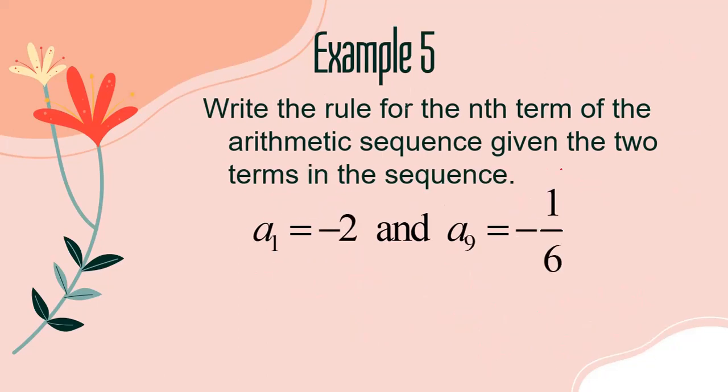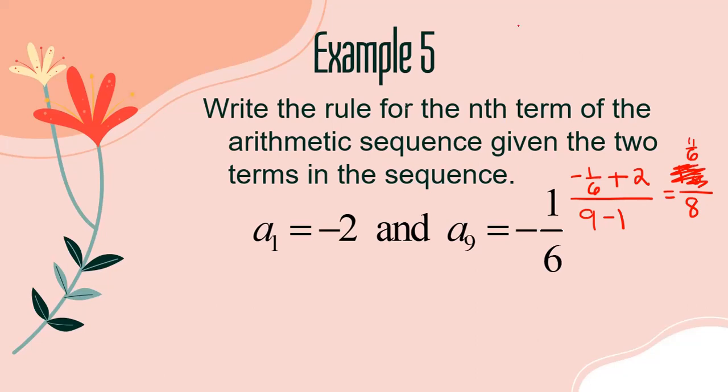Let's try this one. So example 5. Again, I'm going to find my slope. So negative 1/6 plus 2, right? Because minus a negative. And then 9 minus 1. This would be 1 5/6 over 8, which is 11/6 for the numerator.